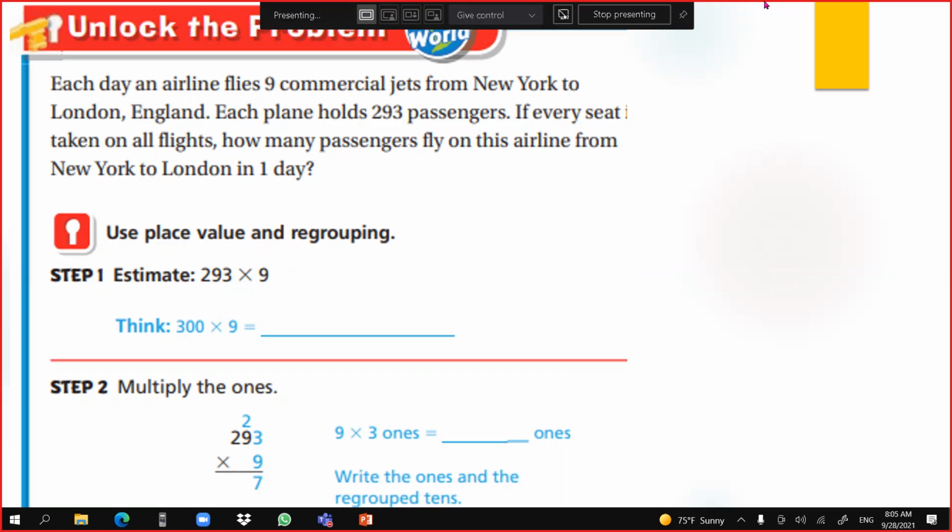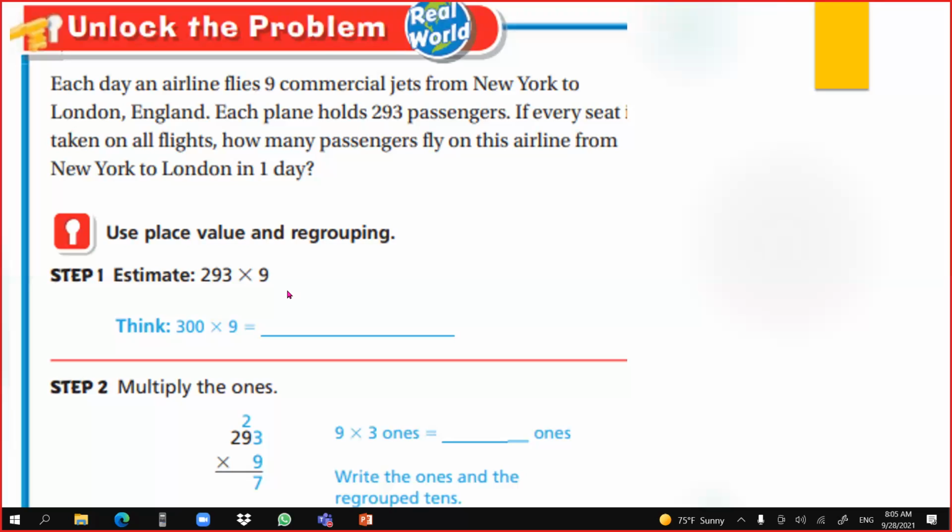Now, what you have to do here, I will explain the idea of the lesson that I talked about before in detail. The first step, and this is not so important when you start multiplying, but just know: if I multiply 293, sorry, by 9, what could the answer be?